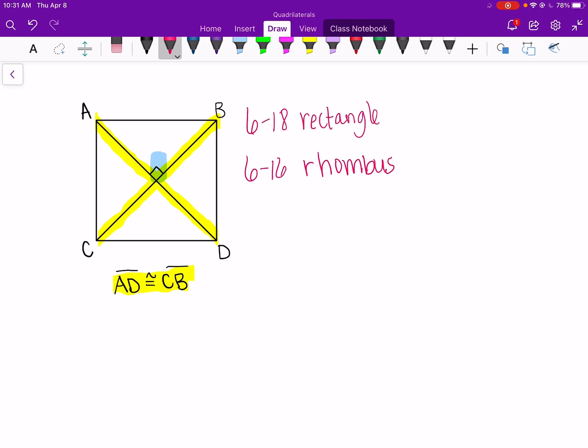So this shape is both a rectangle and a rhombus, meaning it has 4 right angles and 4 congruent sides.